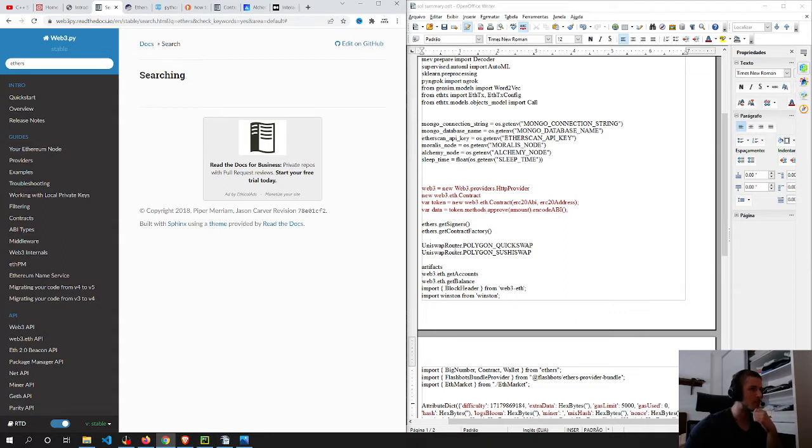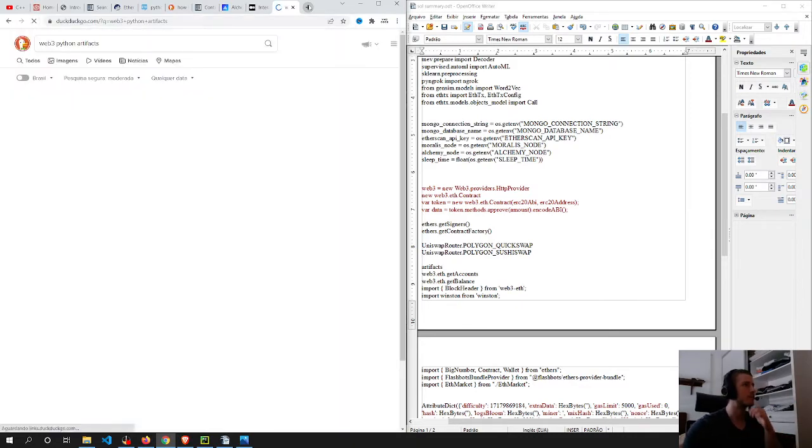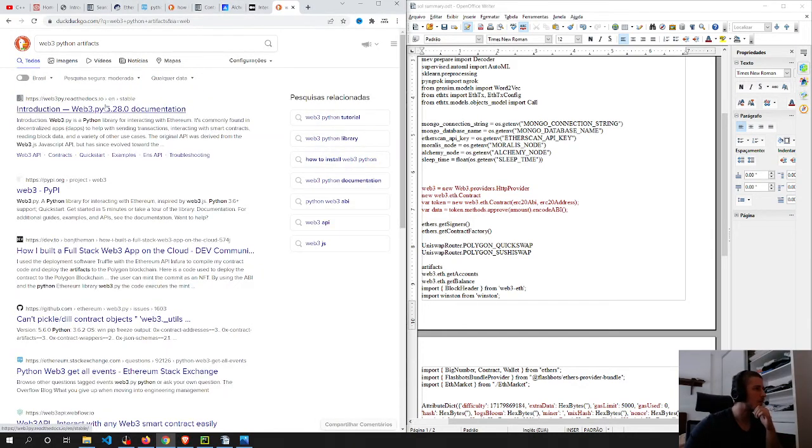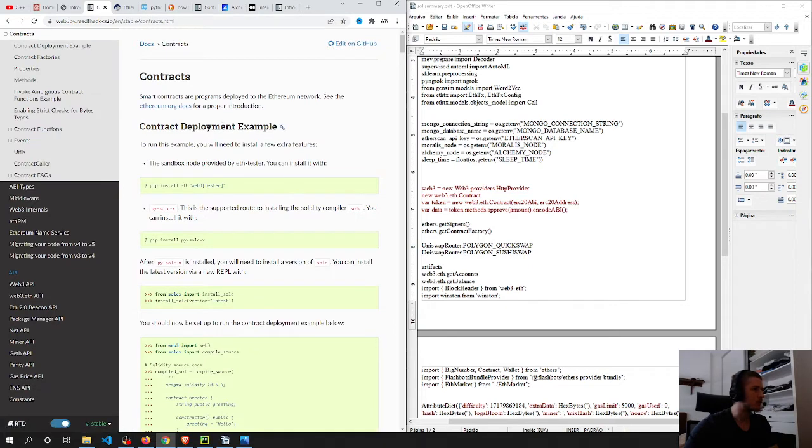Then Uniswap router, I think, is a function from Uniswap to make the swap of tokens. Artifacts, maybe this one is worth. Python artifacts. Yeah, it looks like I'm not gonna be able to search through that, I think.